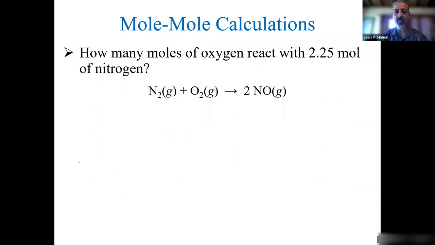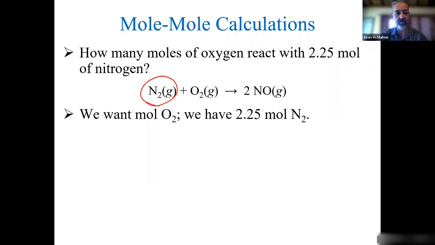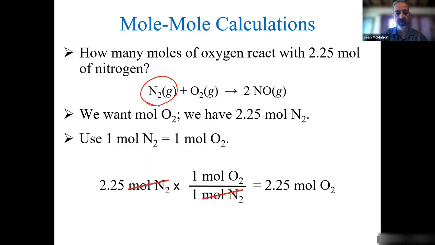If I have 2.25 moles of nitrogen, how many moles of oxygen will it react with? Well, we want moles of O2. We have moles of N2. We know it's a 1-to-1 ratio. I start with the 2.25 moles of N2. I need this to cancel, so this has to go on the bottom.